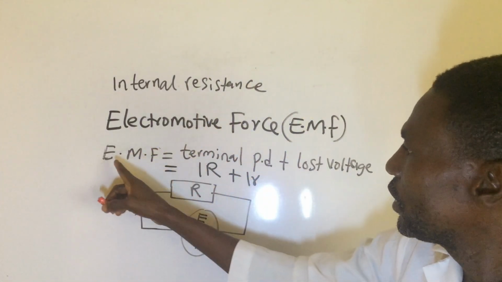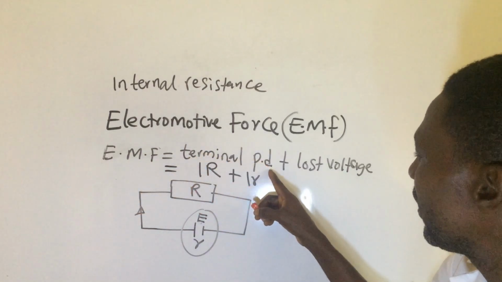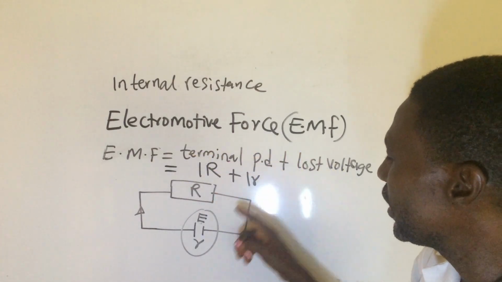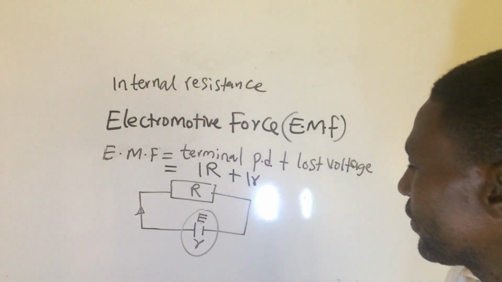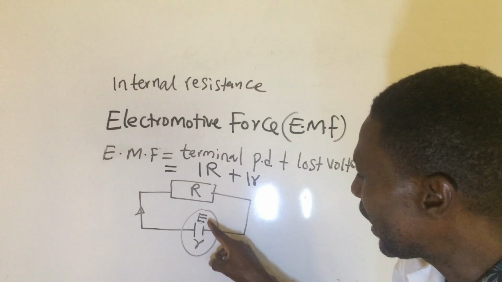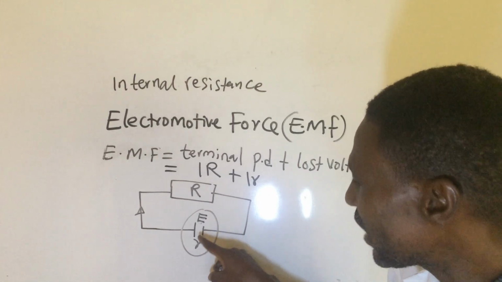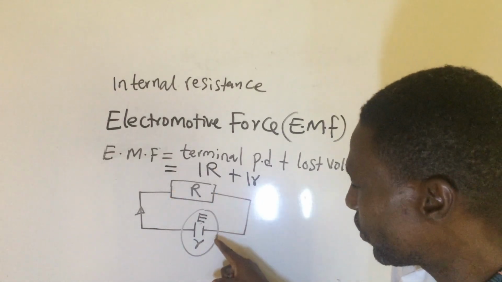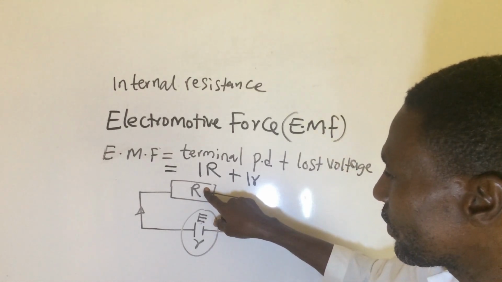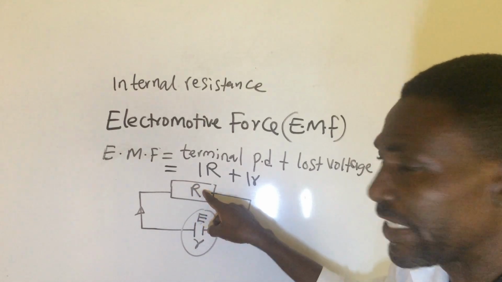Look at it. The E.M.F is equal to terminal potential difference plus lost voltage. Terminal potential difference is, look at the circuit where I drew it. This is a battery. This battery has internal resistance and the electromotive force. So if this battery starts working now to push current across this circuit, there will be a potential difference across this external resistor.